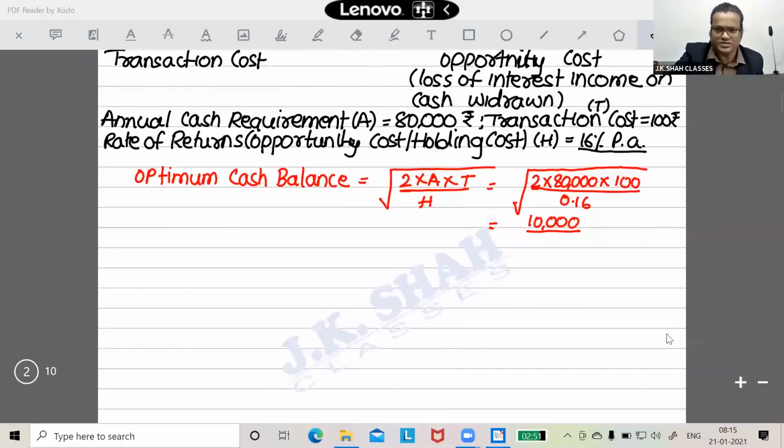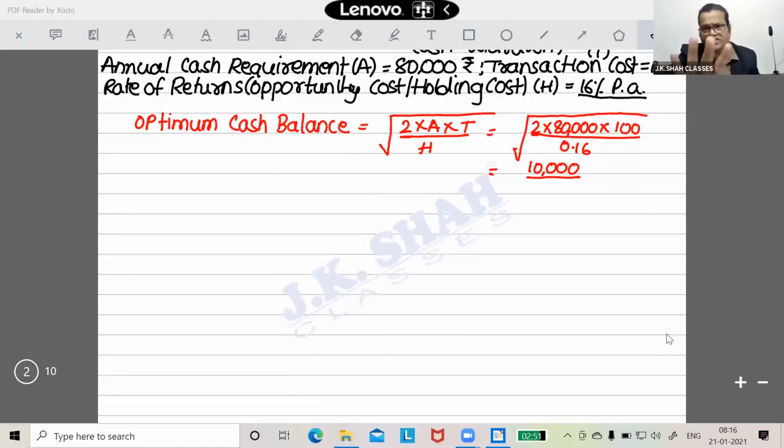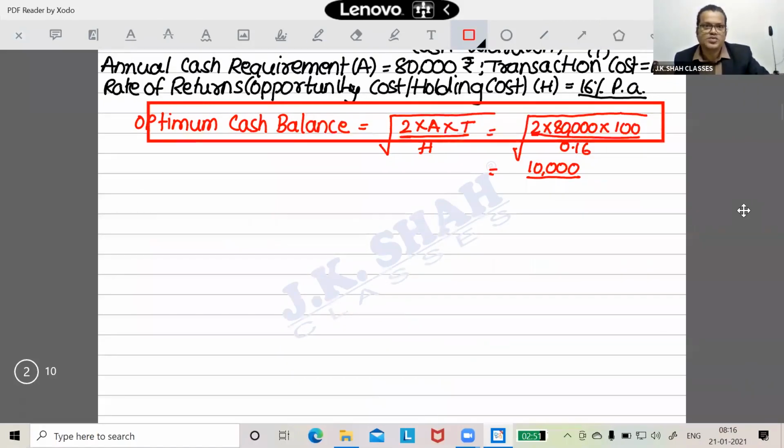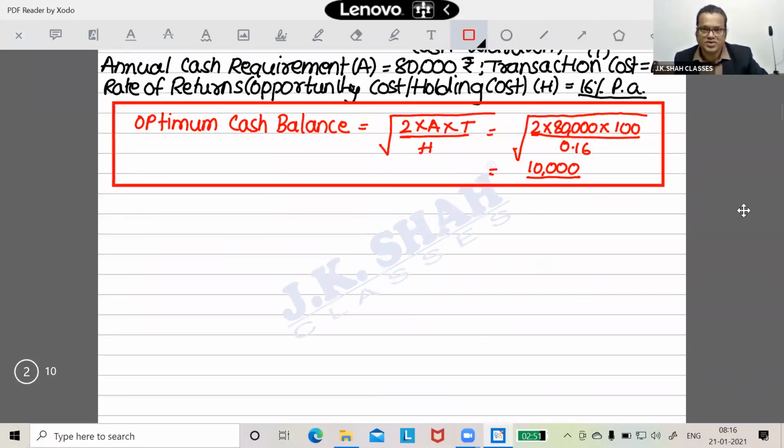What I will do is, we will first of all go with trial error method. This is a straightforward answer, right? Now we will just do some trial errors and try to arrive at this.